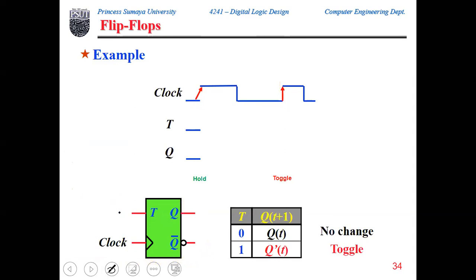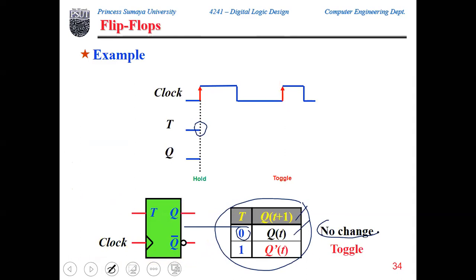As I said, we need to look at the edges. So at this edge, we look at the value of T and reflect that on Q based on the characteristic table. At this instant of time, what is T? T is 0. And what does T equal 0 imply? It implies that the new value is the old value, or there is no change.